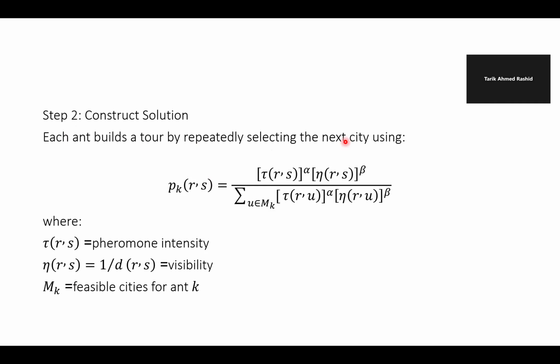repeatedly selecting the next city using this formula. Here, this is the pheromone intensity, and this is the visibility, and here are the feasible cities that ant K can go through.